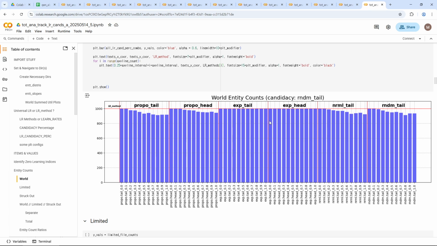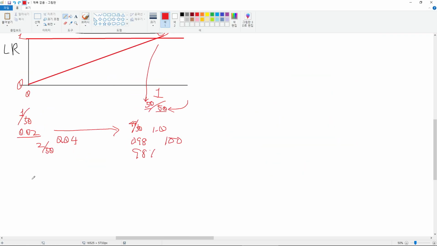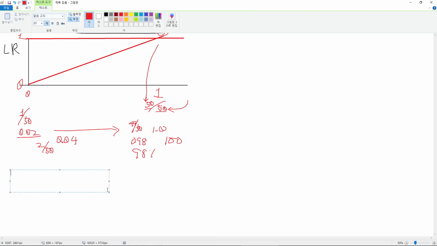Things go from 0.0, 0.02, 0.04, and all the way to 0.96, 0.98, 1.0.